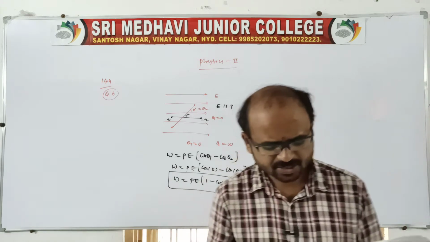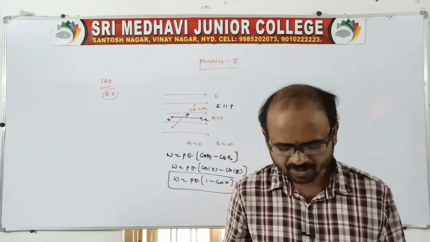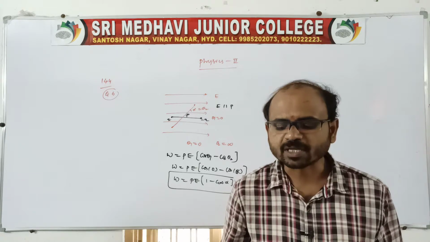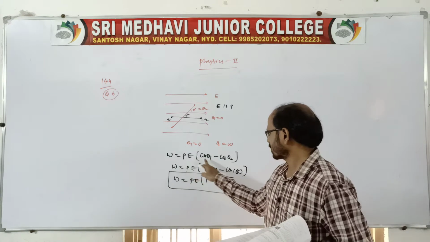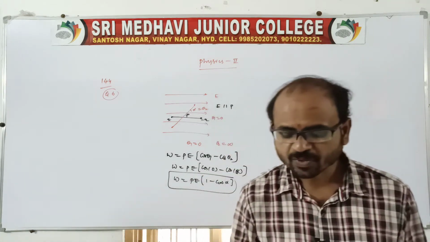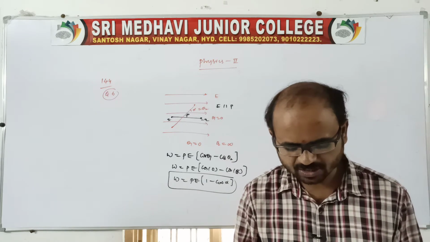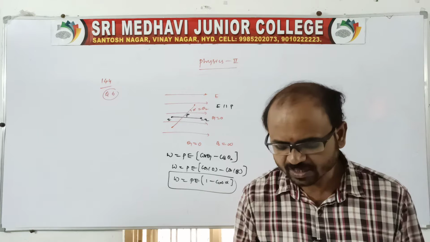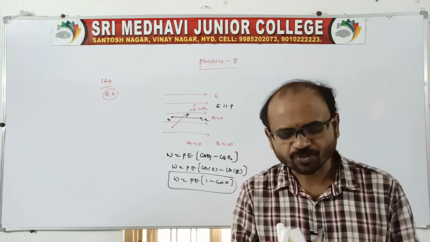Already we completed this. The third question is: derive an expression for the potential energy of an electric dipole placed in a uniform electric field. The relation is PE into cos theta 1 minus cos theta 2. This is given for 4 marks.